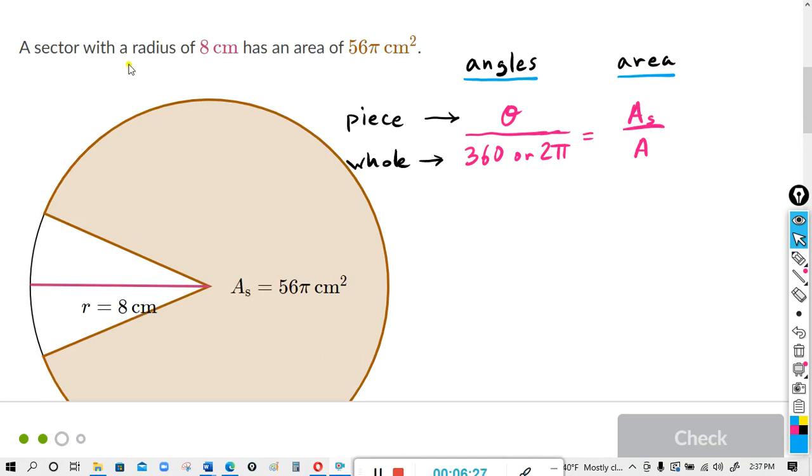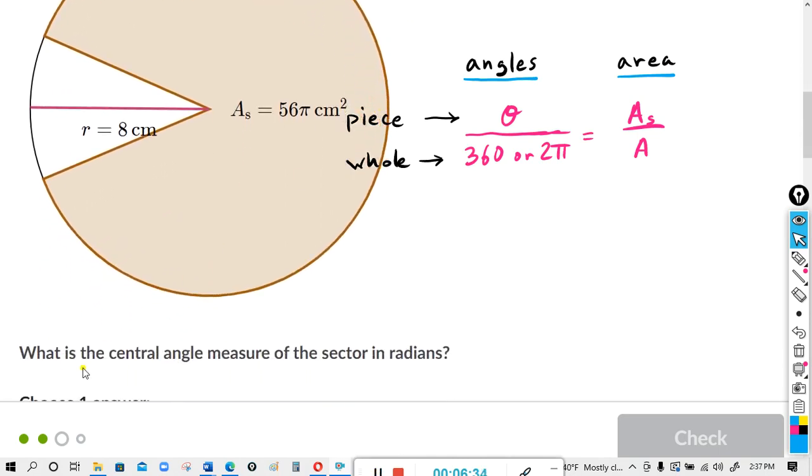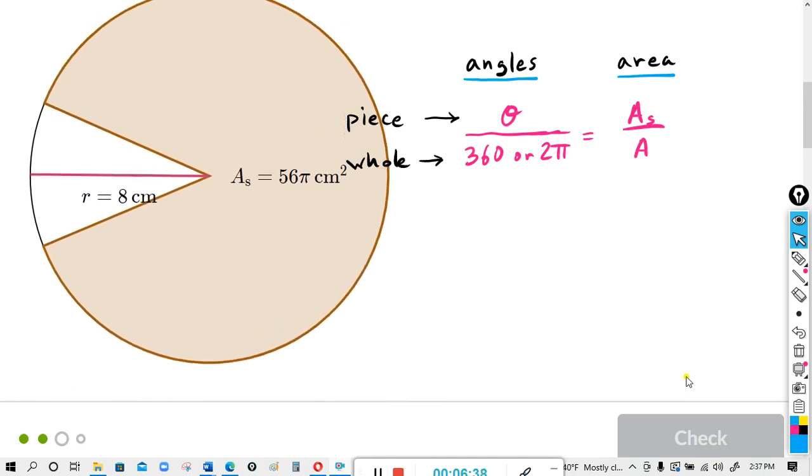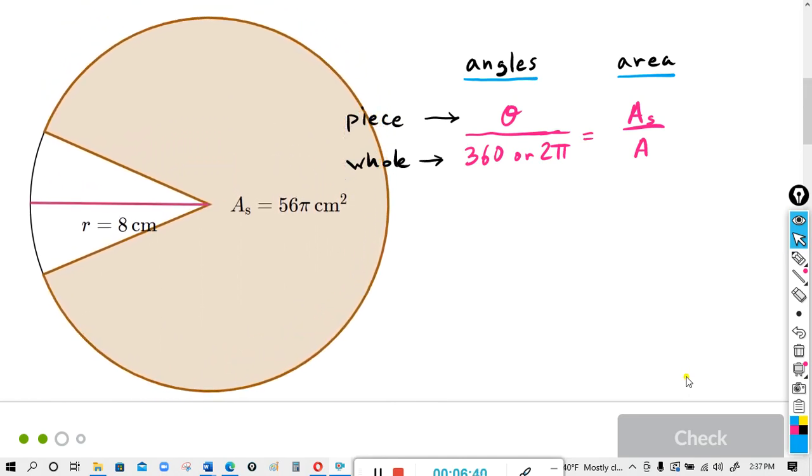So here we have a sector with radius of 8 and an area of 56 pi. What is the central angle measure of the sector in radians? All right, so let's see here. They said they wanted the angle in radians, so we're going to use 2 pi, not 360.